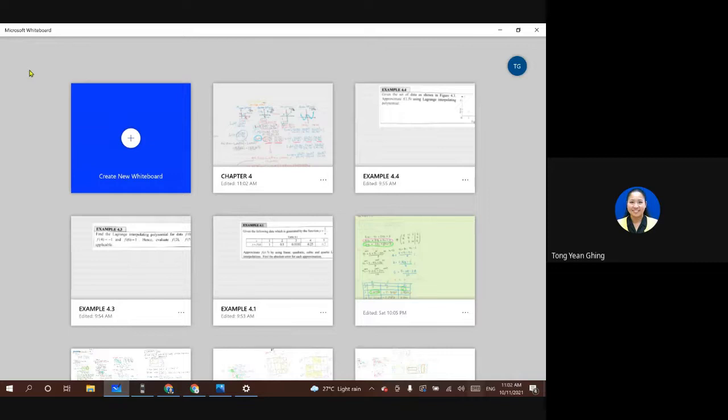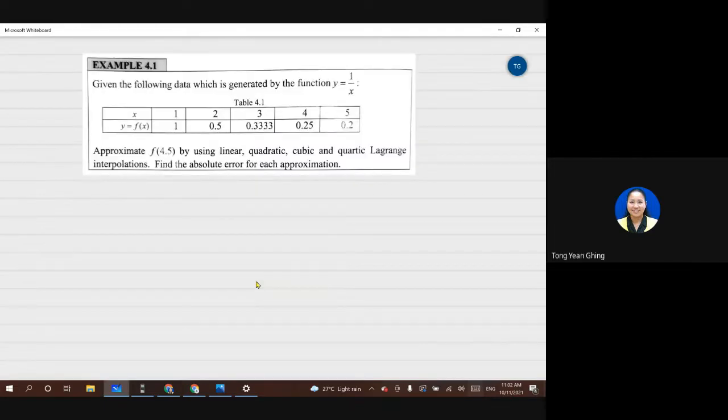Look at the exercise in your book, exercise 4.1, which is also a very long one. Given the following data, which is generated by the function y equal to 1 over x, and we have the data points like here, the value of x with the value of y.